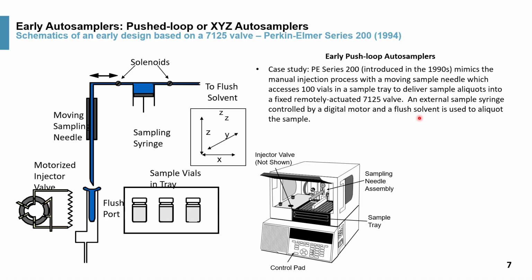And the sampling actually is done by an external sample syringe or a metering device over here. One of the cons of this is you need to use a flushing solvent, okay, to connect by the fluidic for the aliquot, right? And often you need an air segment to segment the aliquot from the flushing solvent.